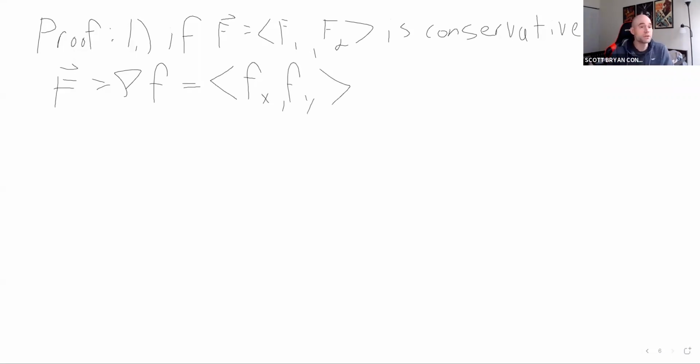The first component is the partial of the potential with respect to x, the second is the partial of the potential with respect to y. We don't necessarily know what f is, the potential function. But we know there is some f where if we take the partial with respect to x, we get F1, and if we take the partial with respect to y, we get F2.